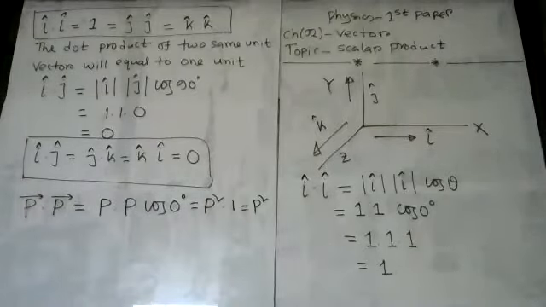So you can say that the dot product of two same vectors will equal the magnitude square of that particular vector.